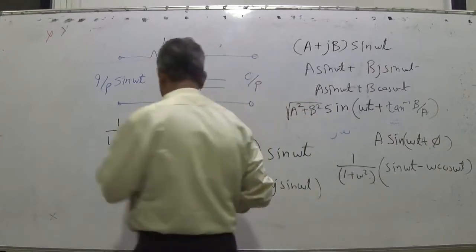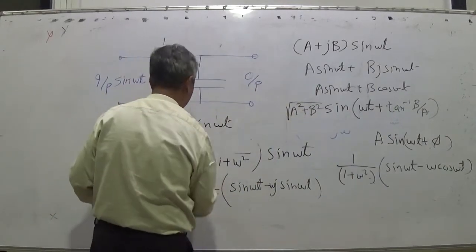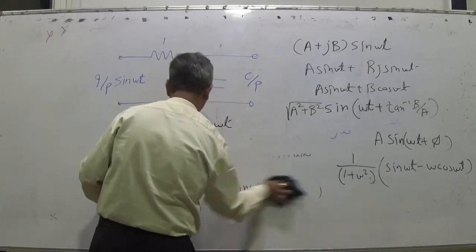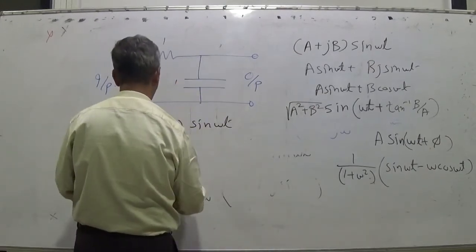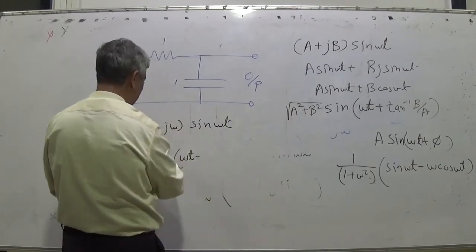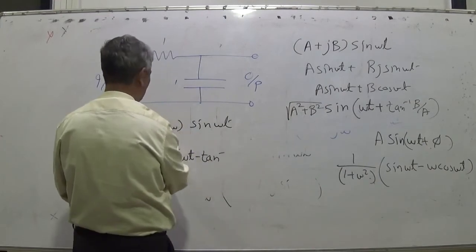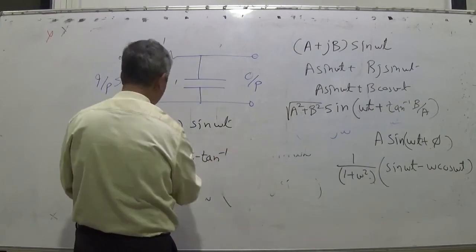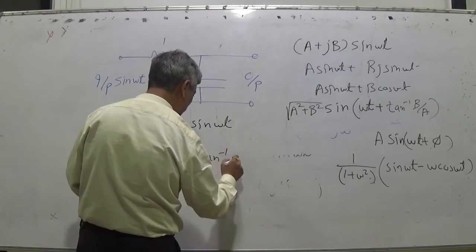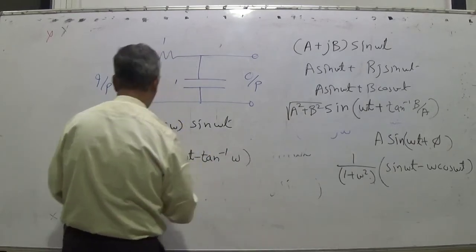So this is ultimately under root of (1 plus omega square) in the denominator, and sine of omega t with tan inverse of minus omega upon 1, which is minus tan inverse of omega.